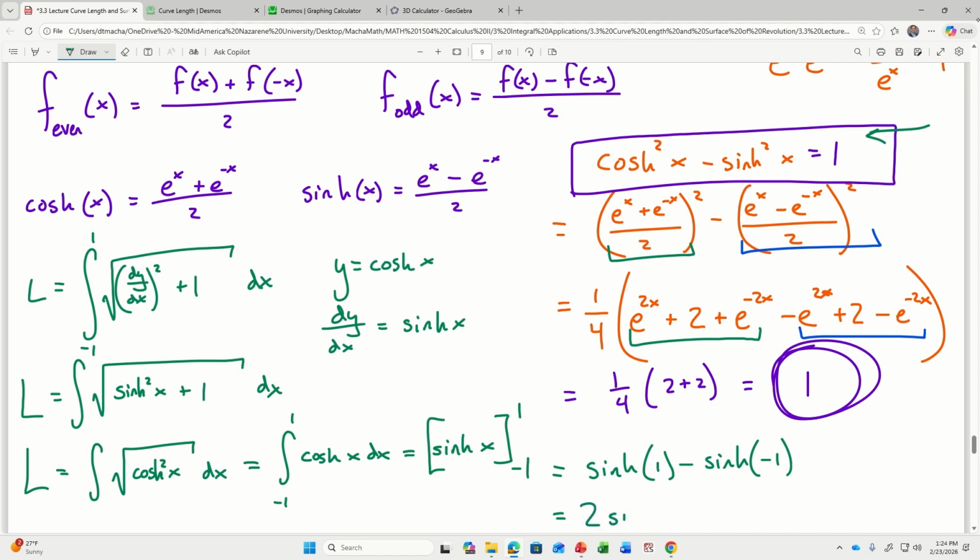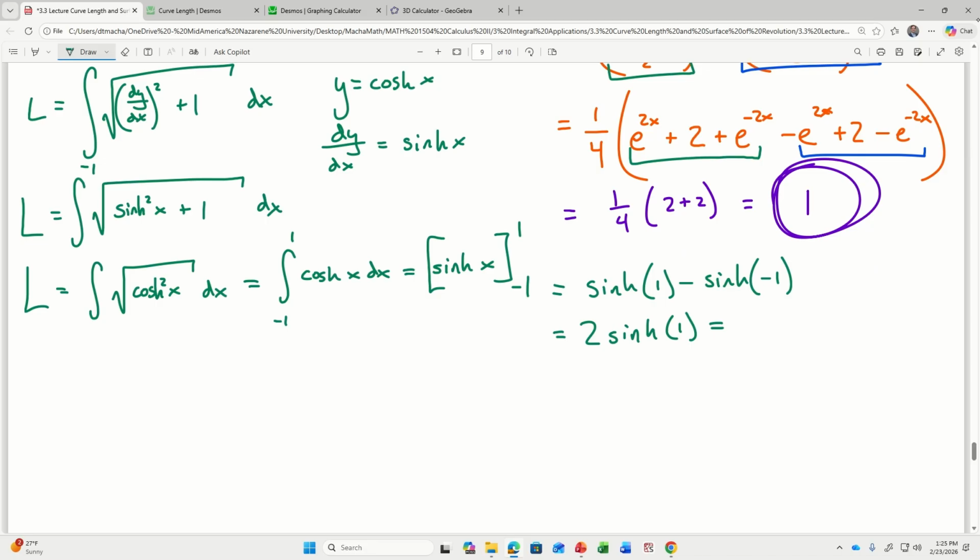So this is actually the same thing as 2 times sine hyperbolic of 1. And sine hyperbolic, by the way, has the definition e to the x minus e to the -x divided by 2. So the 2's cancel, and you get e to the 1 minus e to the -1, which is e minus 1 over e. So whatever that is.